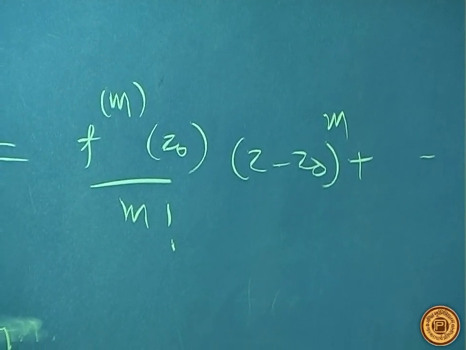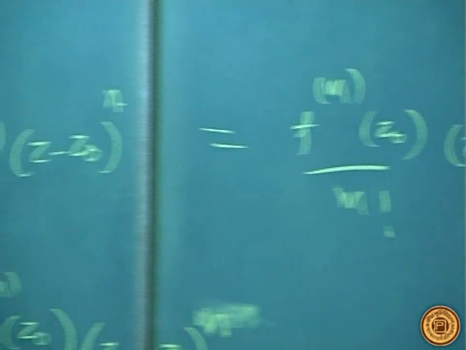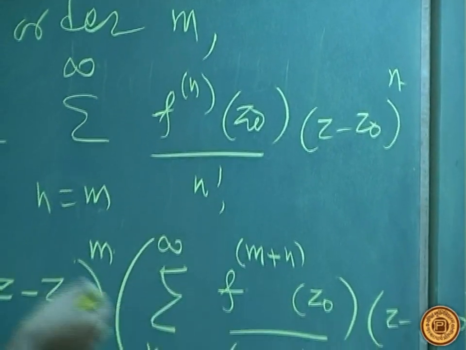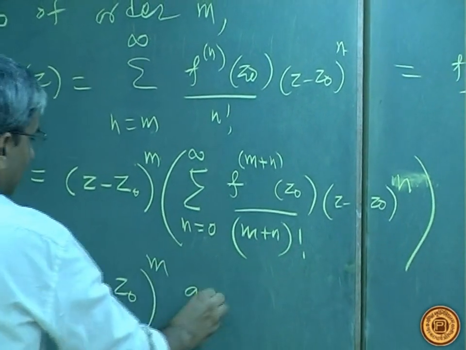Now what we can really do is call this function g(z), because we want f(z) to be (z minus z naught) to the power m into g(z).